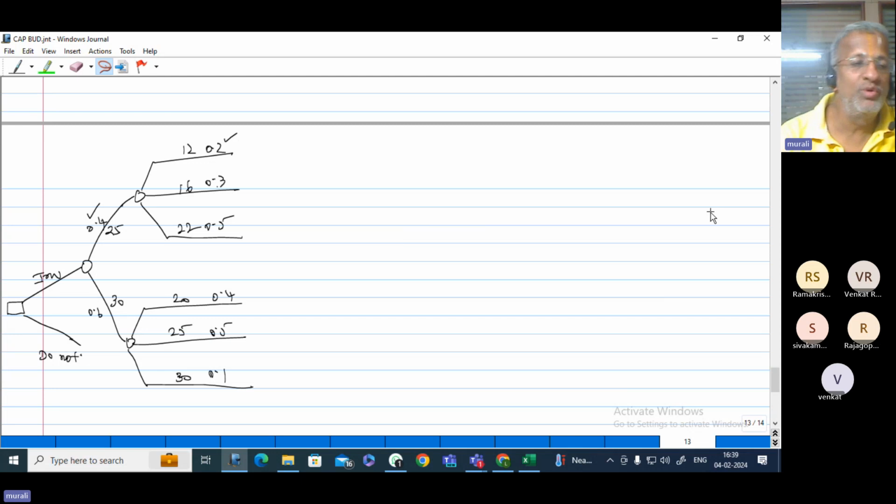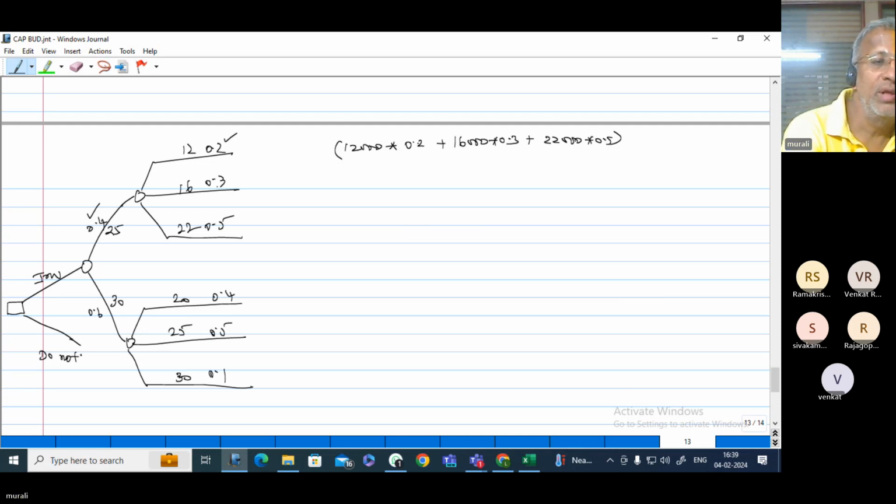Now you people need to use a calculator. You take 12,000 into 0.2 plus 16,000 into 0.3 plus 22,000 into 0.5, the whole multiplied by the PV factor.